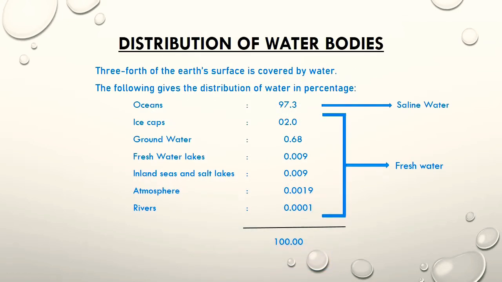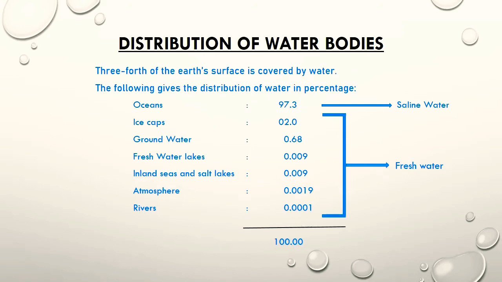See here, distribution of water bodies. That means how the water bodies are distributed. We all know that three-fourths of the earth's surface is covered by water. First, the ocean, 97.3%. This water is saline water, that means salty. Next, ice cap 0.2%. Next, groundwater 0.68%.